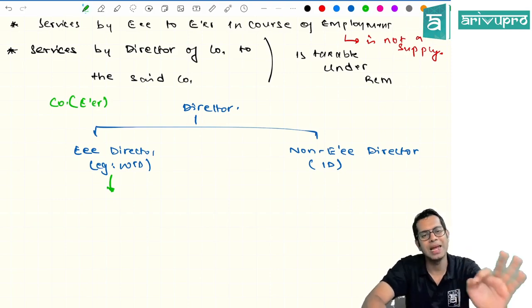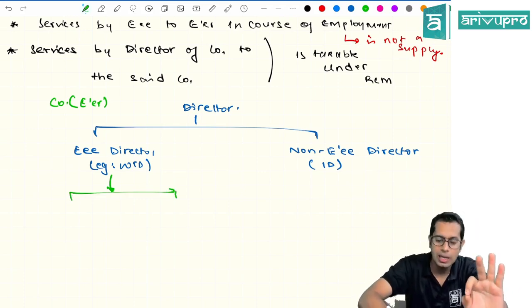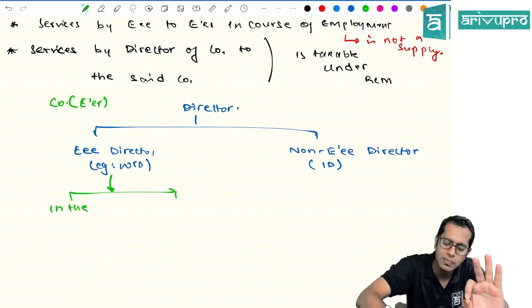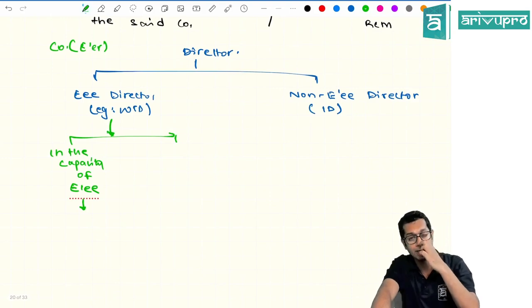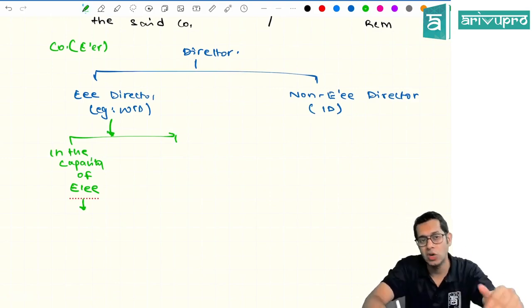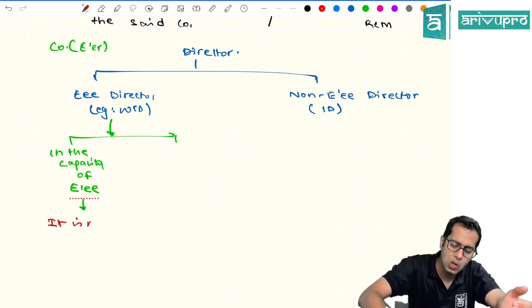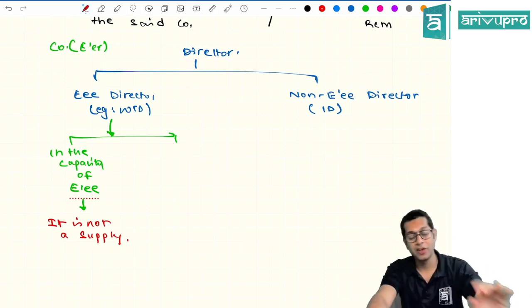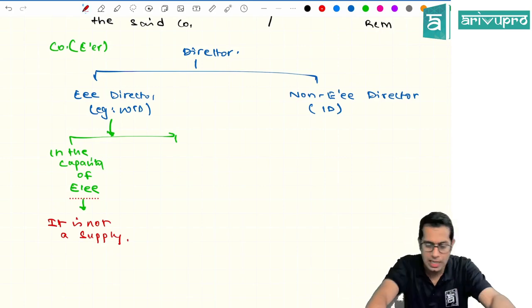So services given by the employee director to the company as an employee, in the capacity of employee, it is not a supply. Correct? Why? Because services given by an employee to the employer in the course of employment is not a supply.